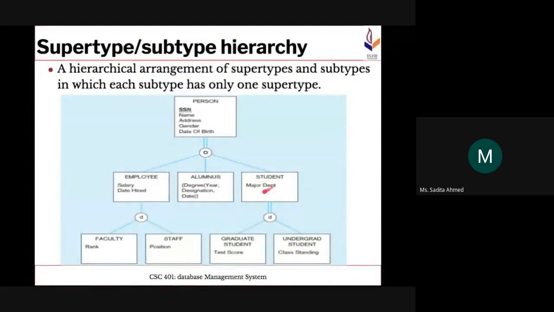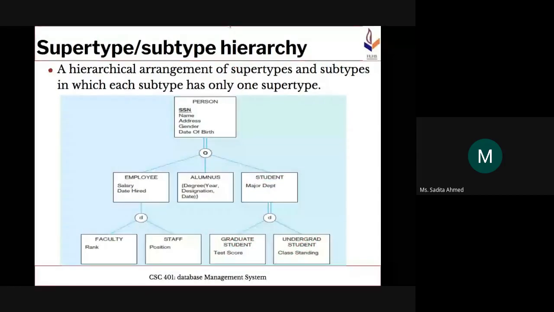Here, between student, graduate student, and undergrad student, towards the bottom right corner, which rule by the completeness constraint are we applying here? I don't know, ma'am.